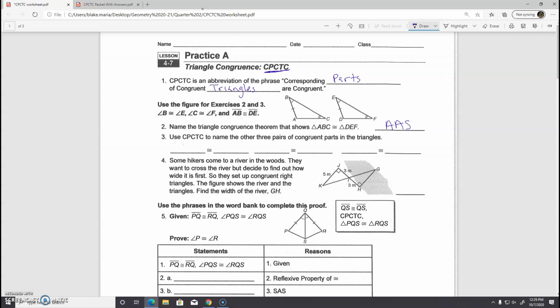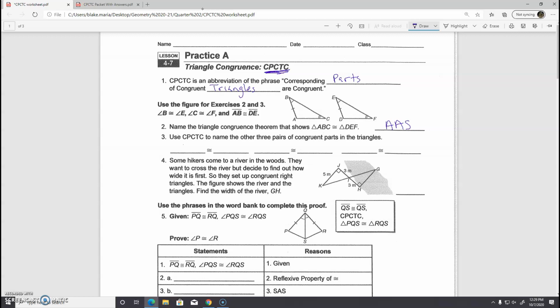So now you can tell me A is congruent to D. Angle A is congruent to angle D because we know the triangles are congruent, so we know their parts are congruent. So this always comes, CPCTC, you always have to prove the triangles are congruent first, which we did, angle, angle, side. Now that we know the triangles are congruent, now we know all the parts are congruent.